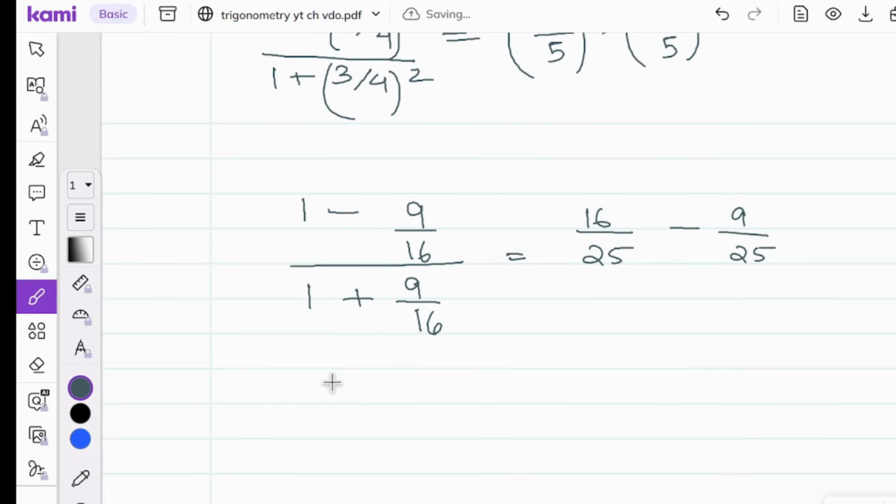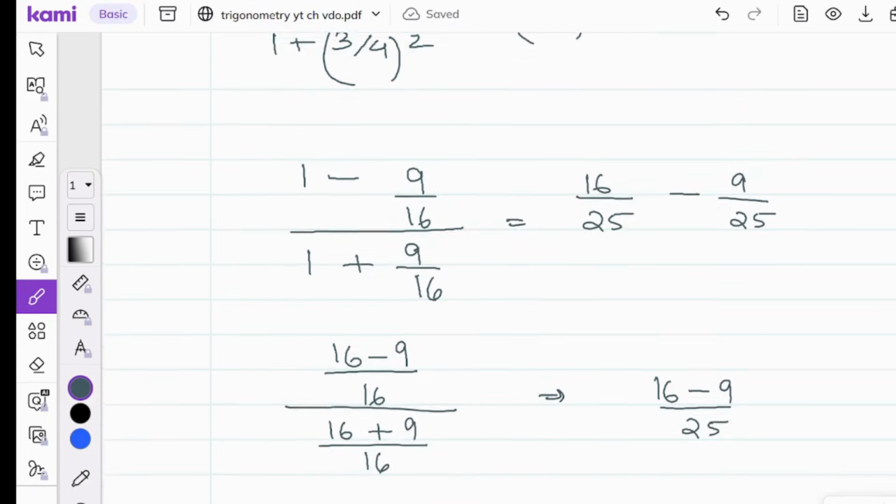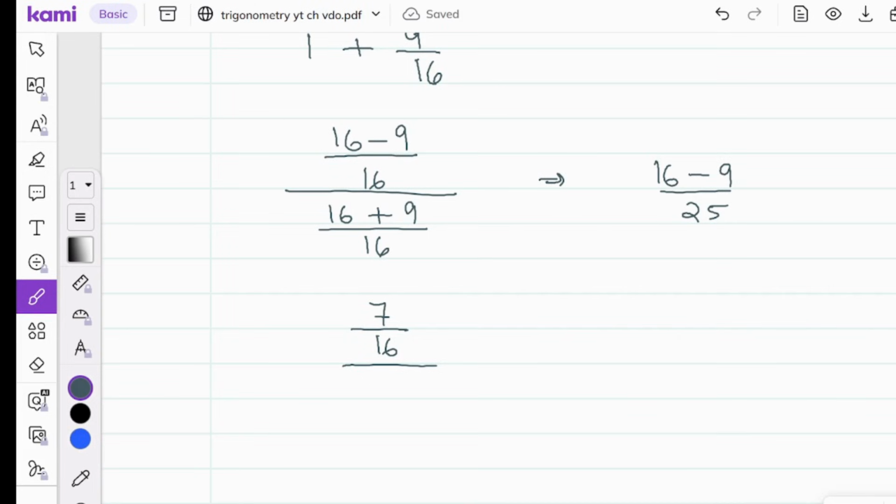So here it is 16 minus 9 divided by 16, divided by 16 plus 9 by 16. In this way we can write. So 16 minus 9 is how much? It is 7 by 16 divided by 16 plus 9, which is 25 by 16. Which is equal to 7 by 25, since 16 minus 9 is again 7.